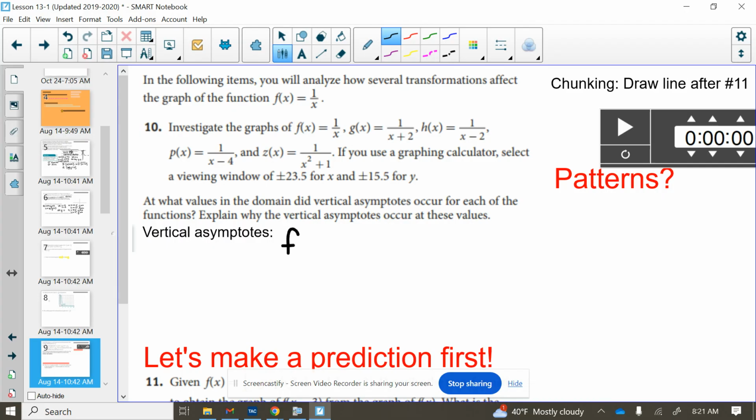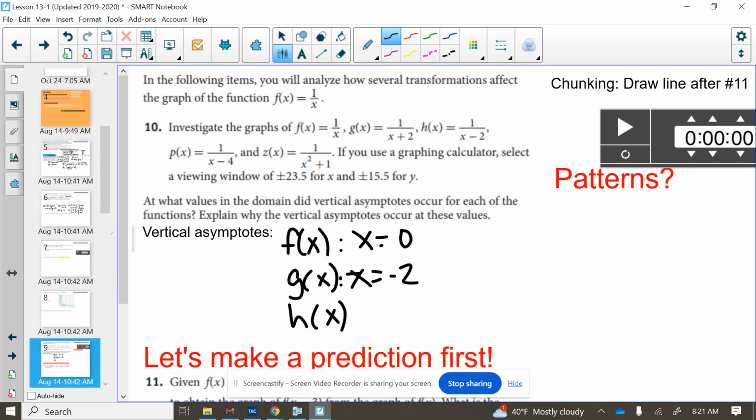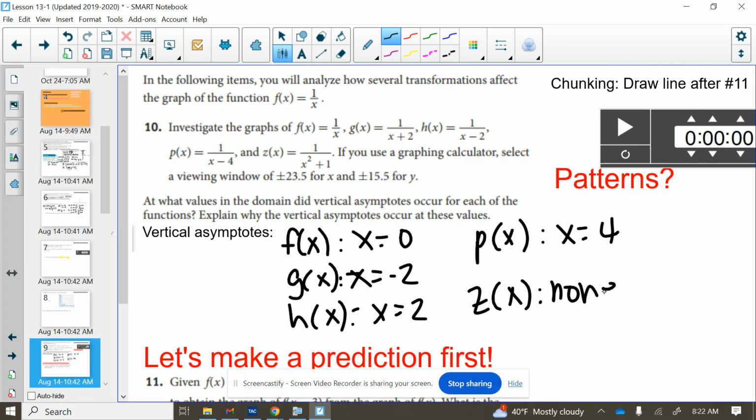So for the first one, f of x had one at x equals 0, g of x was at x equals -2, h of x was x equals +2, p of x equals 4, and then we notice that z of x had none. And this is going back to the idea of these denominators.